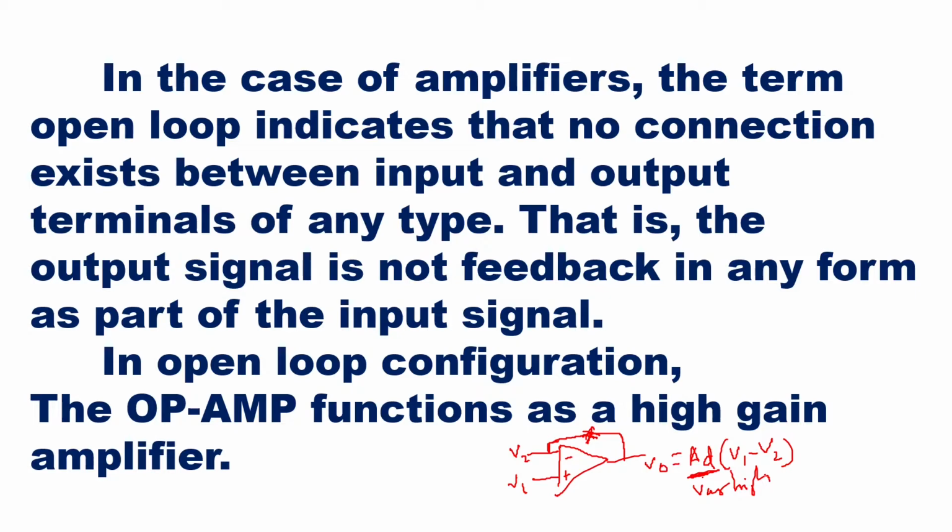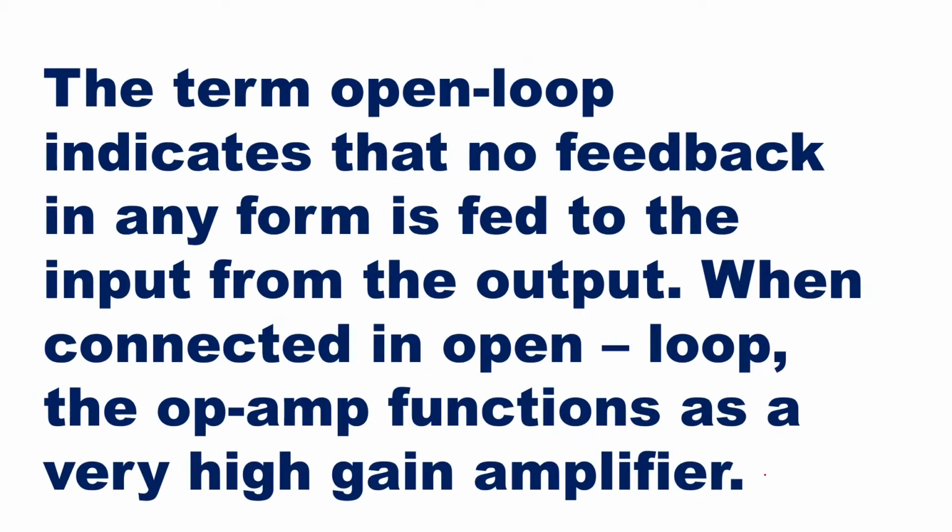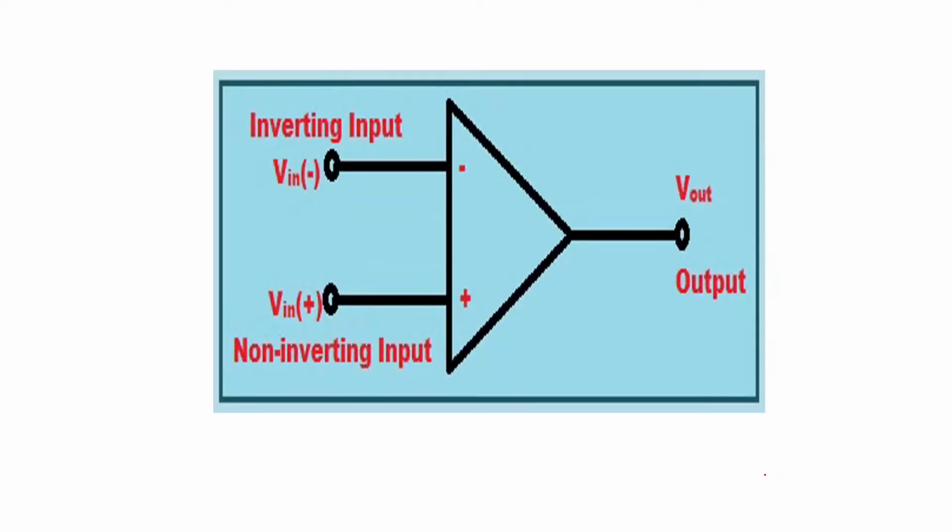Here the term open loop indicates that no feedback in any form is fed to the input from the output. When connected in open loop, the op-amp functions as a very high gain amplifier. This is what we had seen as the symbol of the op-amp. It has two inputs: one is the inverting input, minus, and the other is the non-inverting input, plus.